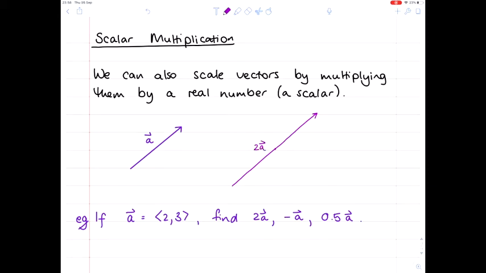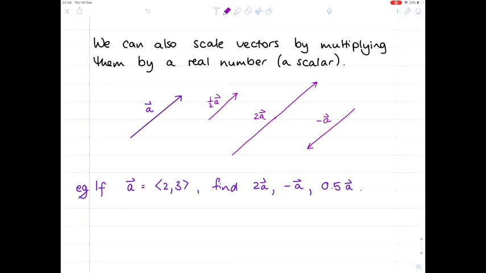You could scale by something less than 1, so here's the vector half A, and you can also multiply by a negative, which then flips the direction. So for example, this vector is the vector minus A. We've changed its direction by 180 degrees.